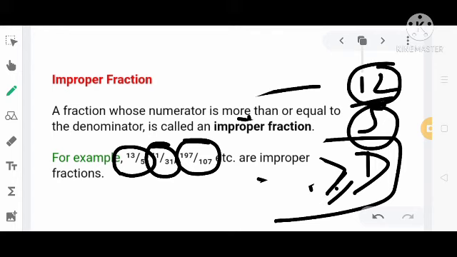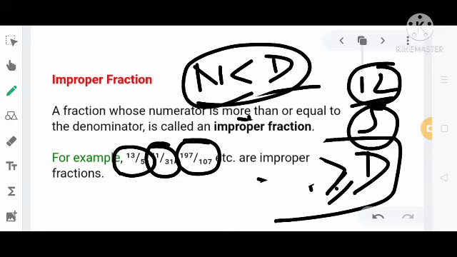I have studied about the proper fraction and improper fraction. In proper fraction, only one condition is satisfied, and that is numerator is less than the denominator. But for improper fraction, there are two conditions.